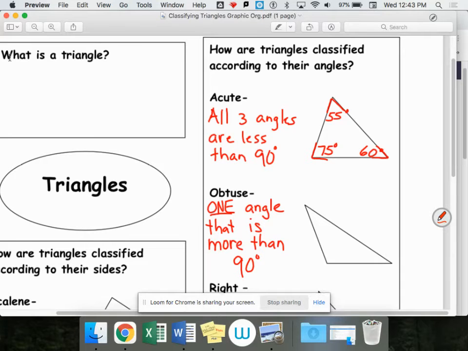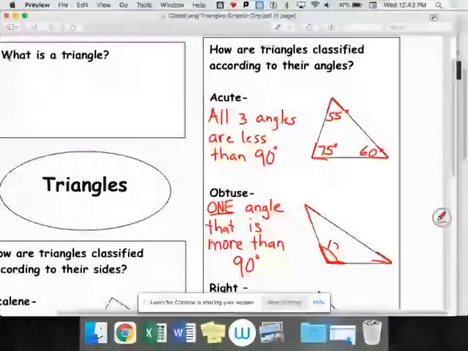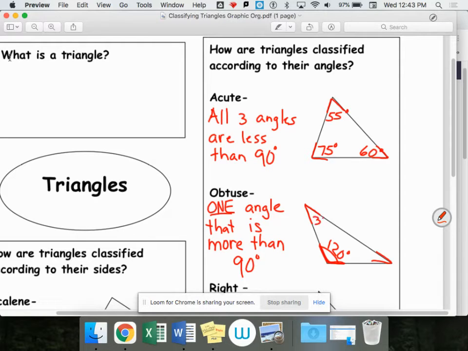Okay, so only one of the angles is going to be bigger than 90 in an obtuse triangle. So clearly, in this example, this is the biggest angle. The 2 sides are spread the furthest apart, okay? And the other 2 angles are smaller. And this could be 120 degrees, 30 degrees, and 30 degrees, okay? One of the angles is more than 90, therefore it's an obtuse triangle.